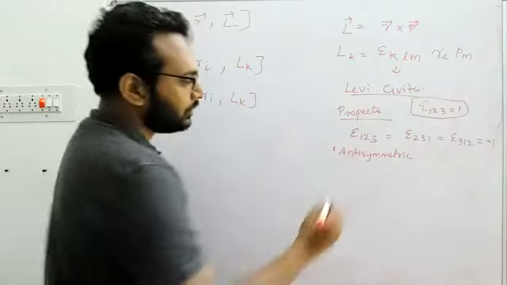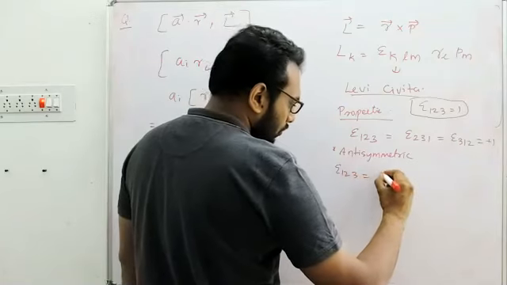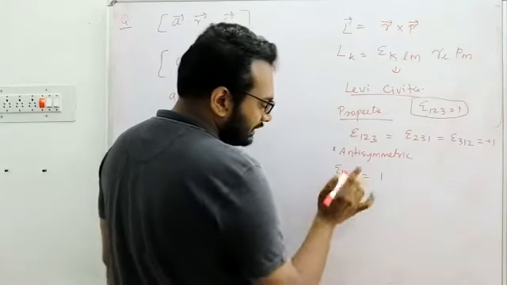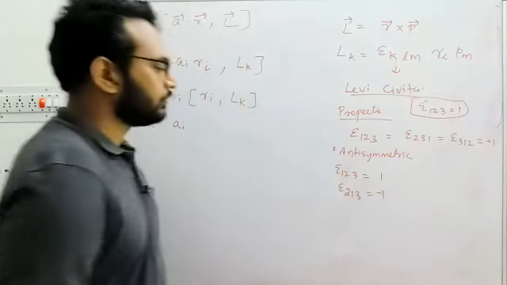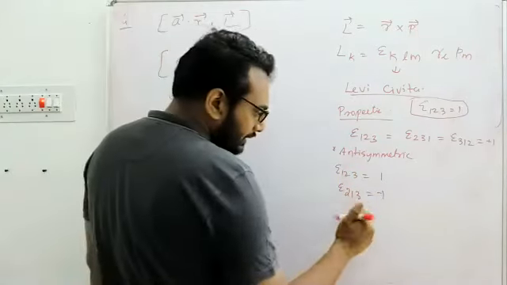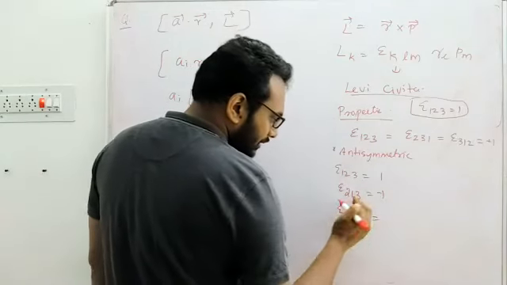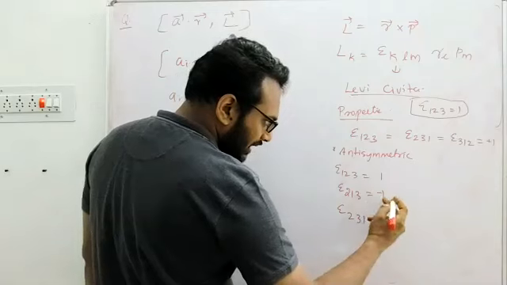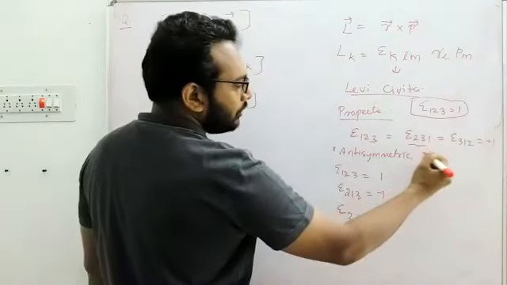So we know that epsilon 1, 2, 3 is equal to 1. If you interchange just two indices, 2, 1, 3, that's equal to -1. And again I can interchange two indices. So epsilon 2, 3, 1 is equal to, again there will be an extra -1, so minus multiplied by minus is plus. That's why epsilon 2, 3, 1 is equal to +1.